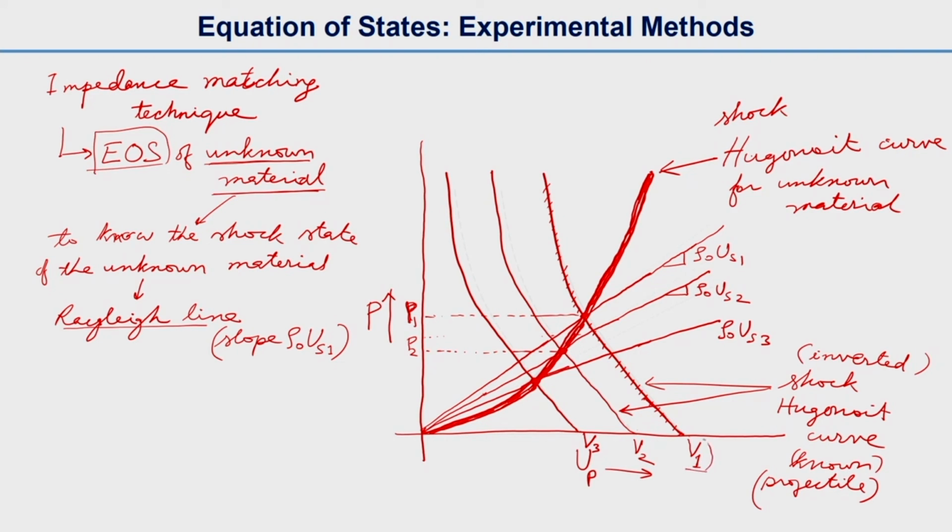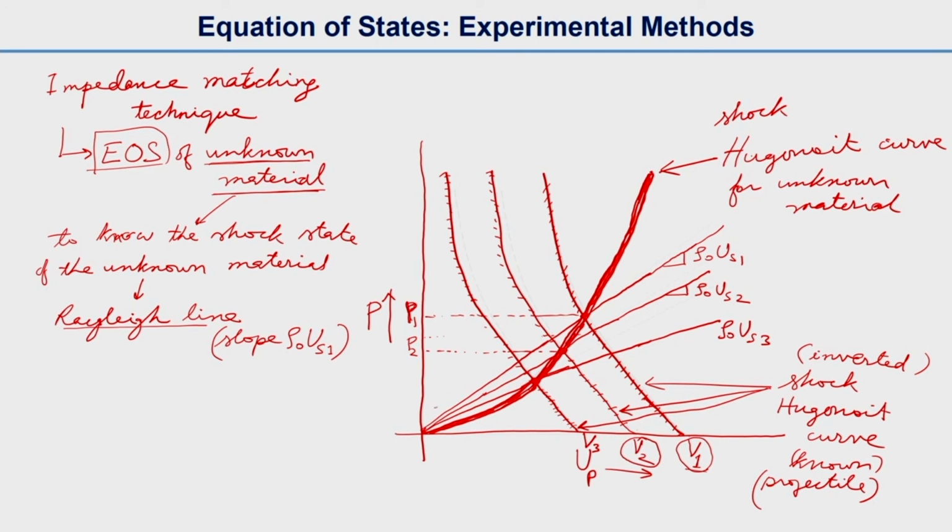Now again we did the experiment at a different impact velocity, which is lower than that. So, we will then find this curve, this one, and then similarly we did the third experiment at a different impact velocity, and we got this curve. These are all shock Hugoniot curves for the known material.